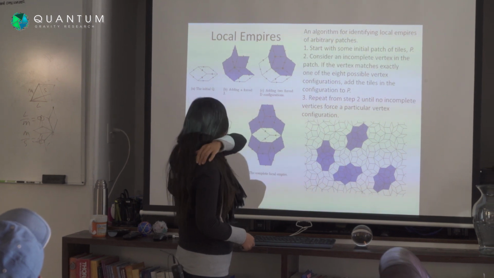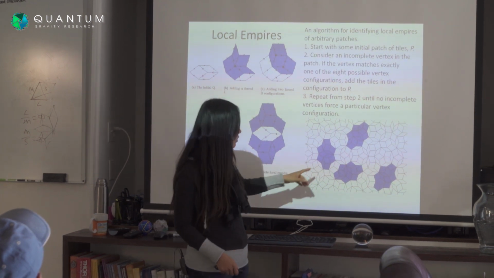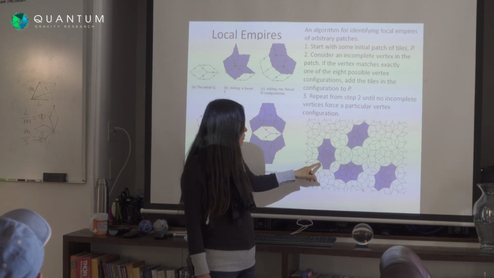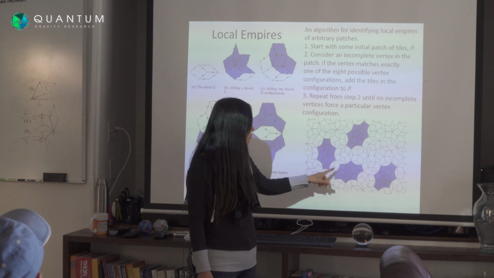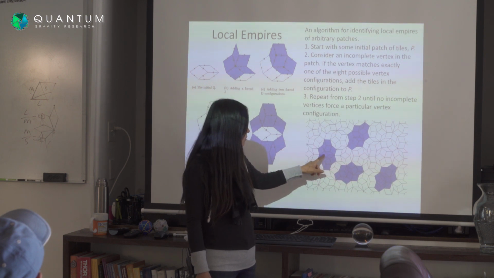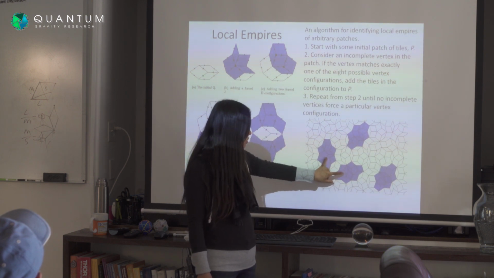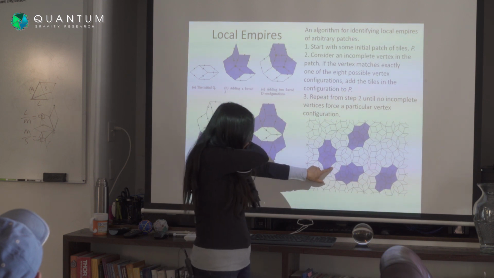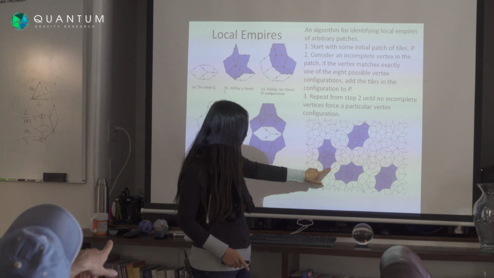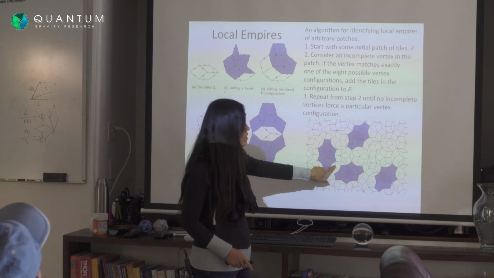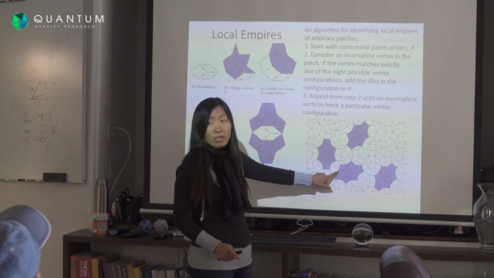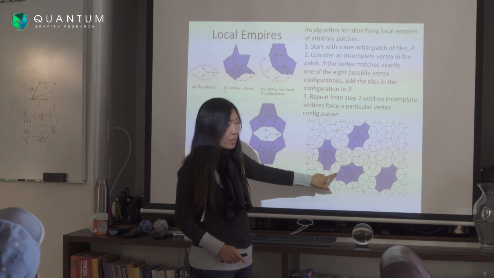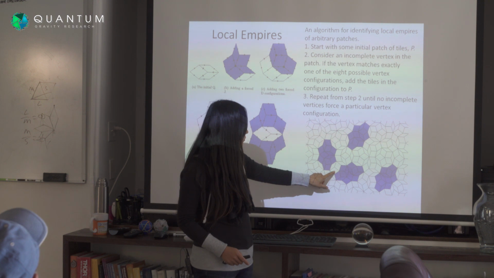Between this guy and the neighboring blue guy, there is a white space. Is that because of the D configuration? Yes, this is D. It does not force any tiles around it. Is that why there are gaps like that in that picture, because there are configurations which don't force anything else?